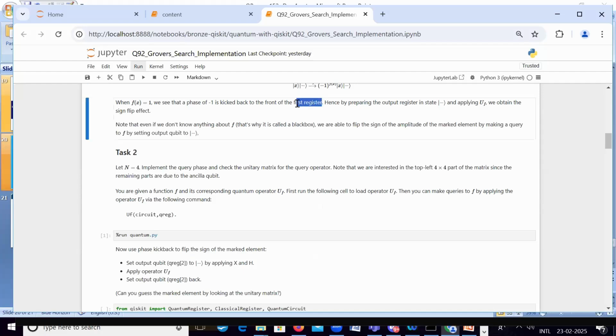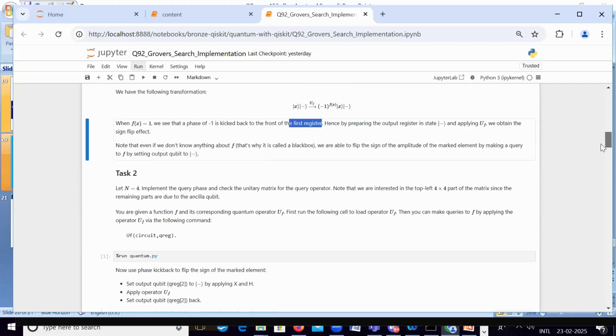By preparing the output register in the state ket minus and applying the function defined in the beginning, we obtain the flipped state.